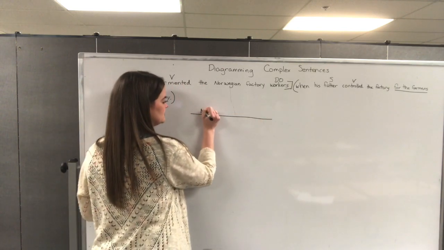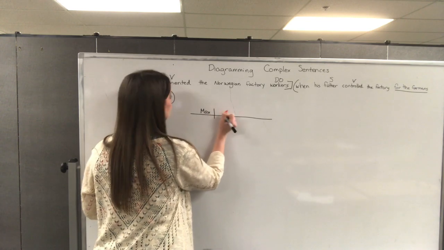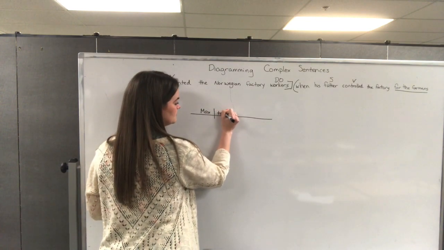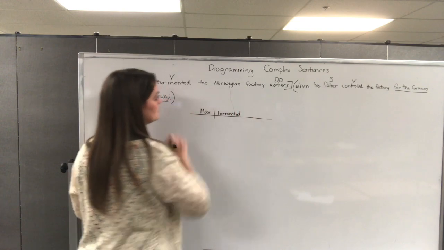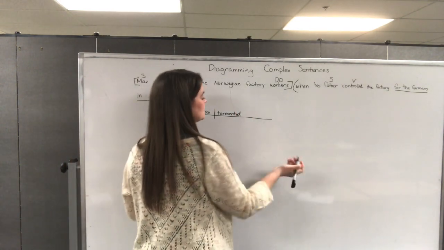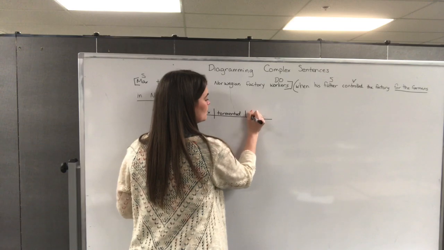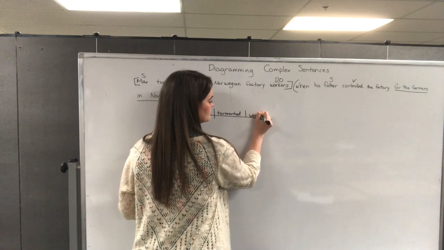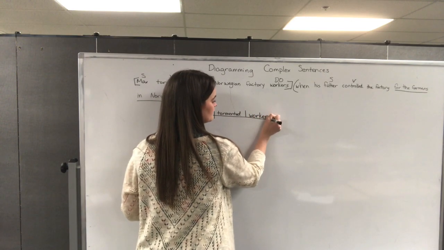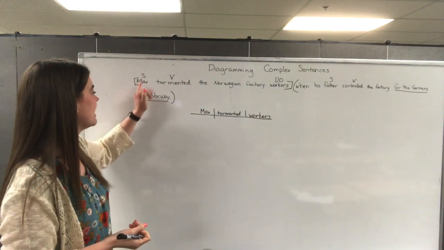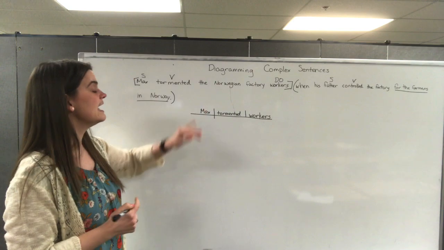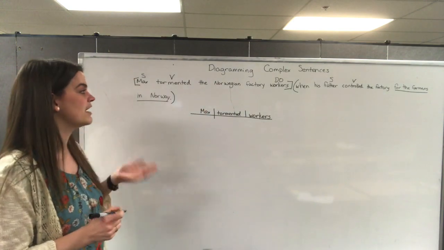So let's draw our pattern 2 sentence down here. Max, subject, tormented, verb, tormented what or tormented whom? Workers. All right, so there's our main nouns and verbs of the sentence. And now we need to go fill in our modifiers.